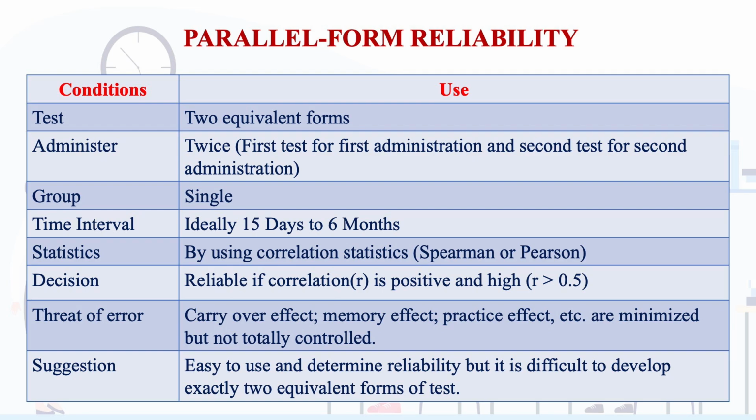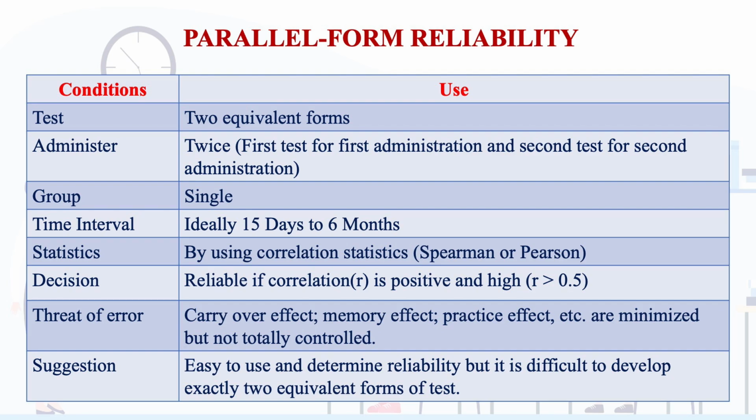So upon a group of students, you administer the first test, then after a gap of time of 15 days to 6 months, you use the second form, the equivalent form of the test that you have prepared. So ultimately you will find two sets of scores.